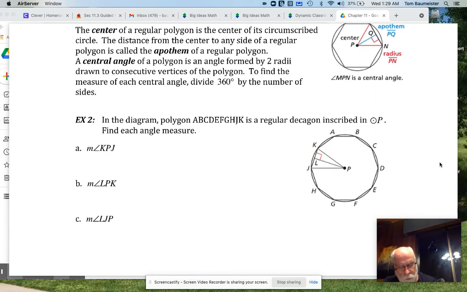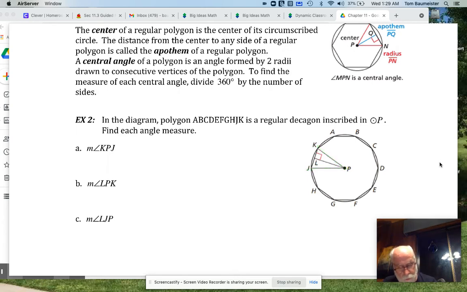So in the diagram, polygon A, B, C, D, E, F, G, H, J, K is a regular decagon inscribed in circle P. So find each angle measure. So the measure of angle KPJ, and again, that's using the two radii there.